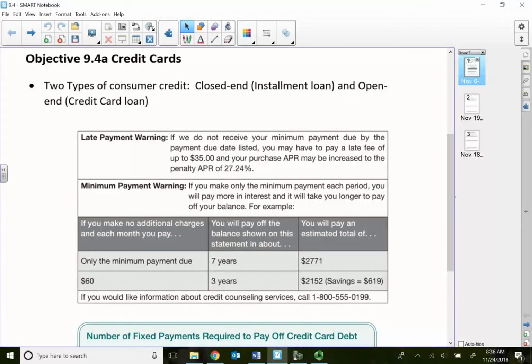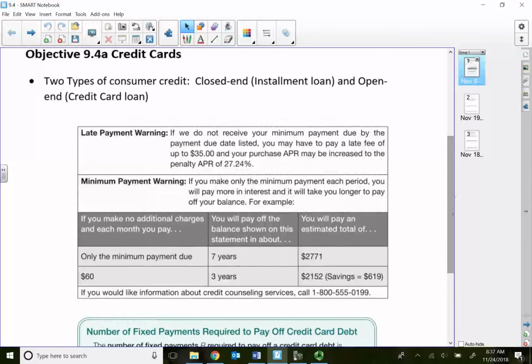If you make additional payments, a little bit higher than the minimum payment, it will estimate how long it will take to pay it off and how much money you will end up paying. This part that you are seeing here is added by law, and credit card companies now have to write it on their statements. That law came into place during the recession back in 2009.